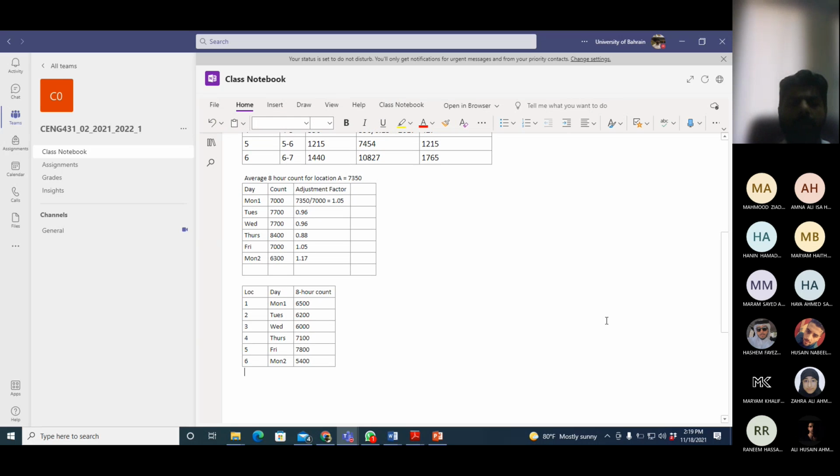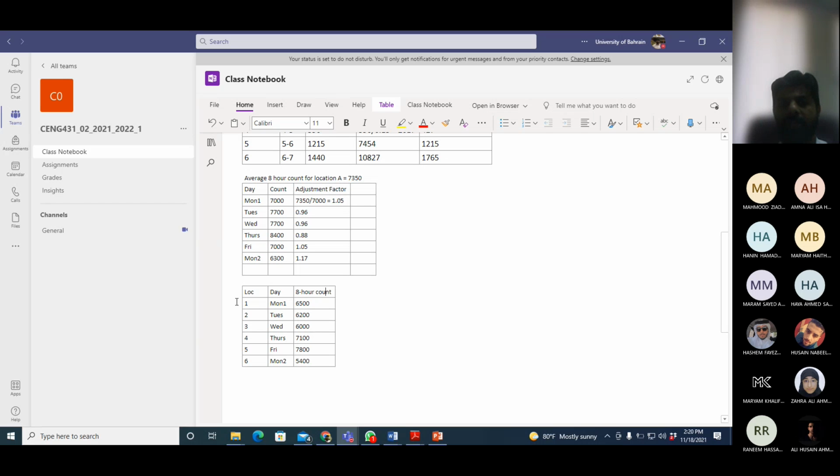Now remember our assumption was whatever trend of traffic you observe on control count will be the same as coverage count. So if the ratio of average upon count of Monday is 1.05 on control count, then the ratio of average of location 1 upon the count of Monday 1 should also be 1.05.